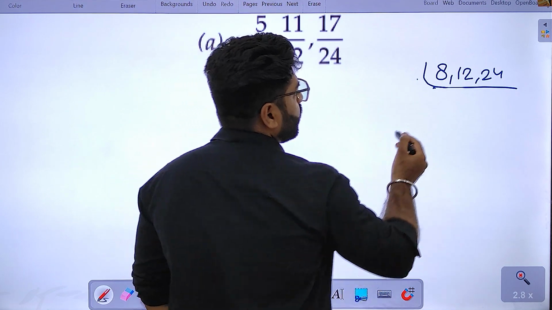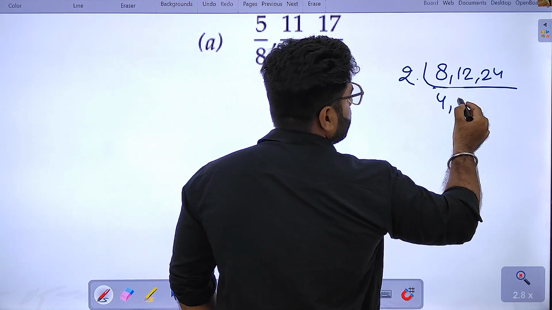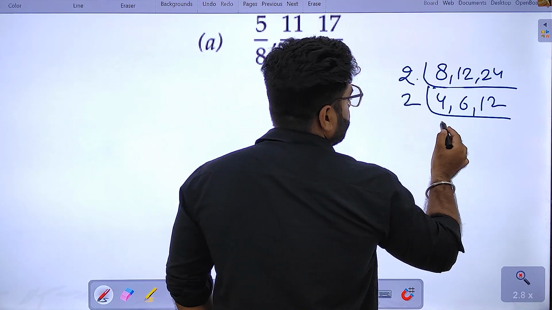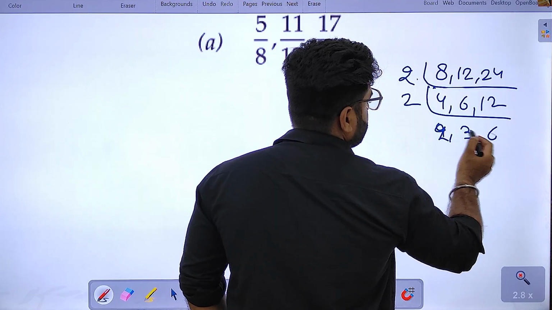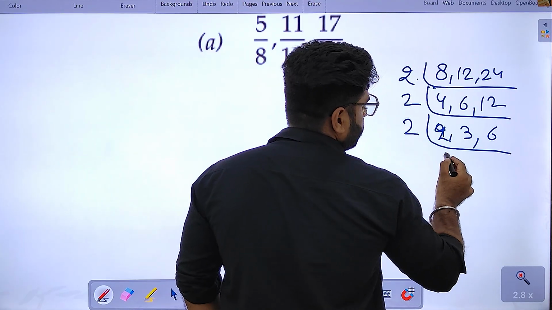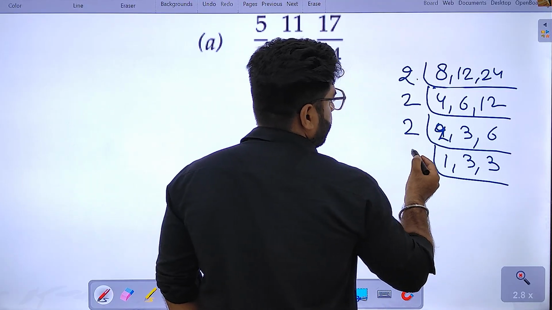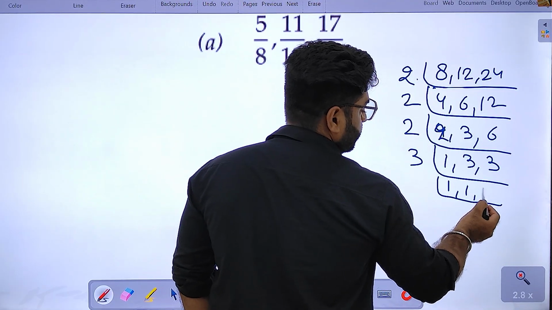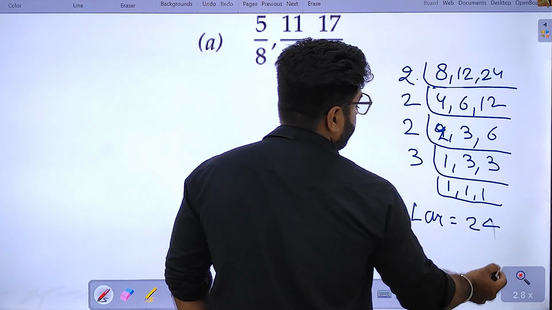Okay, here we are going to divide by 2: 4, 6, this is 12. Now again we have to divide by 2, this is 2, 3, 6, then 2, 1, 3, 3, and now we are having 3. So here we are having LCM is 24.